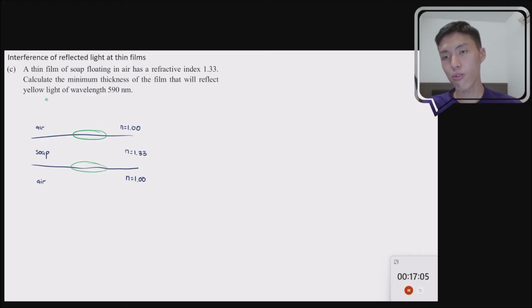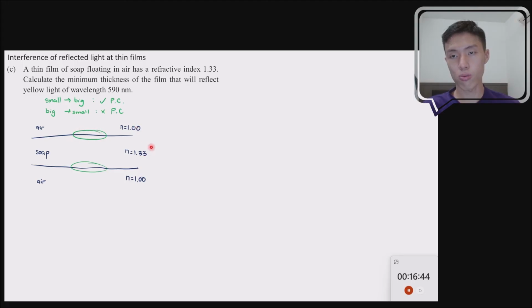If you go from small index of refraction to big index of refraction, there will be phase change. Or if you go from big index of refraction to small index of refraction, there will be no phase change. In this case, you're going from 1.00 to 1.33 for this boundary over here.